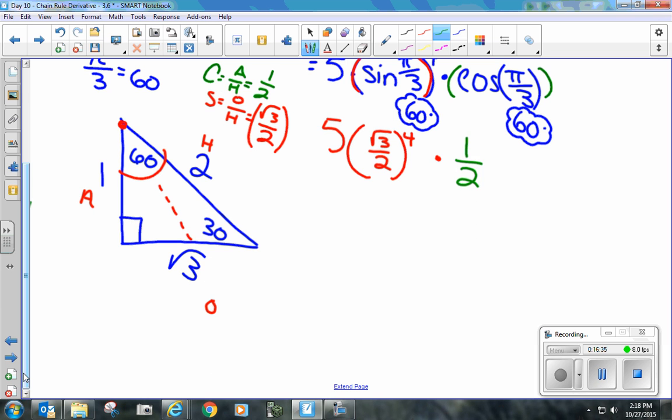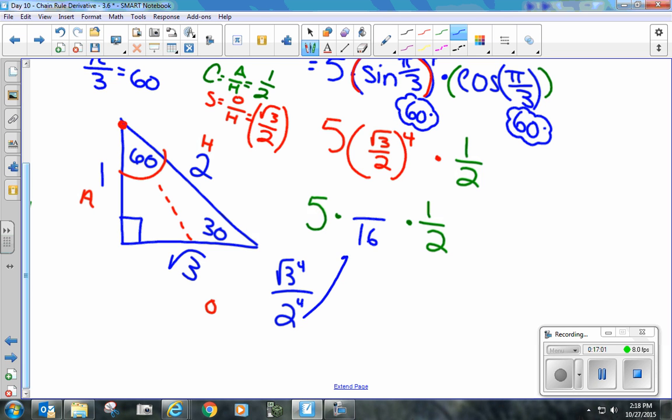Well, we have 5 times, and we still have our 1 half here, times... I'm going to do these to the 4th power. Let's go off to the side here. Radical 3 to the 4th over 2 to the 4th. Well, 2 to the 4th is what? 2 times 2 times 2 times 2 is 16. What is radical 3 to the 4th? Well, that's radical 3 times radical 3, which is 3, isn't it? Times radical 3 times radical 3.